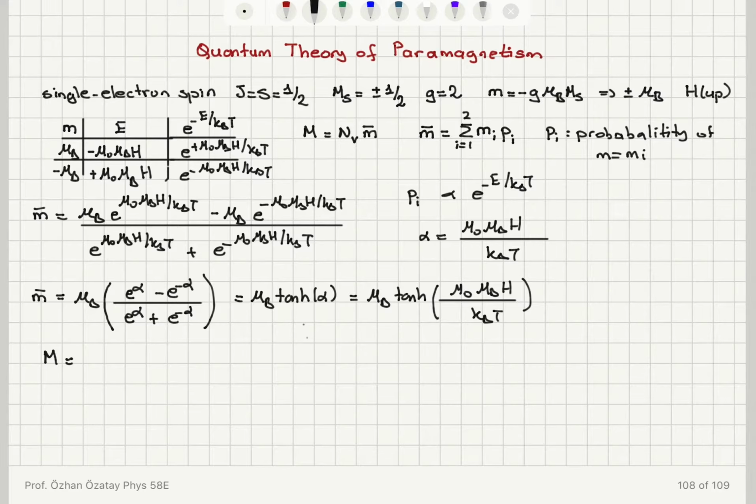So this would be equal to n_V times the Bohr magneton mu b times hyperbolic tangent of mu0 mu b H over kBT, using SI units, Boltzmann constant times temperature. Now we know that this alpha value is typically much less than 1, because we have quite small numbers in the numerator.